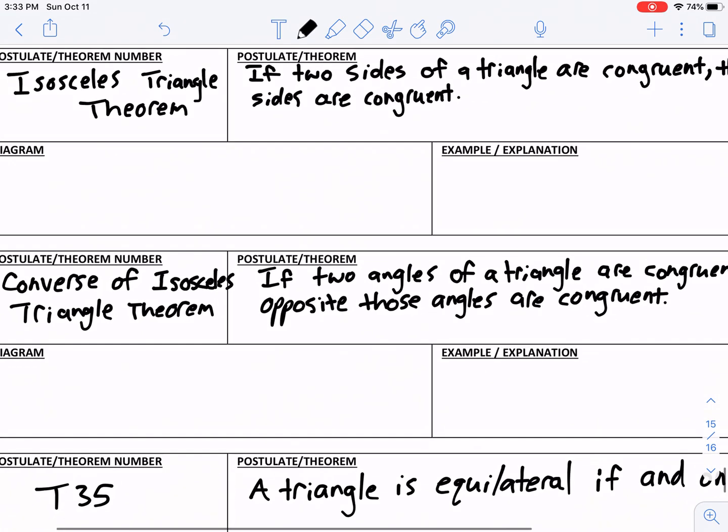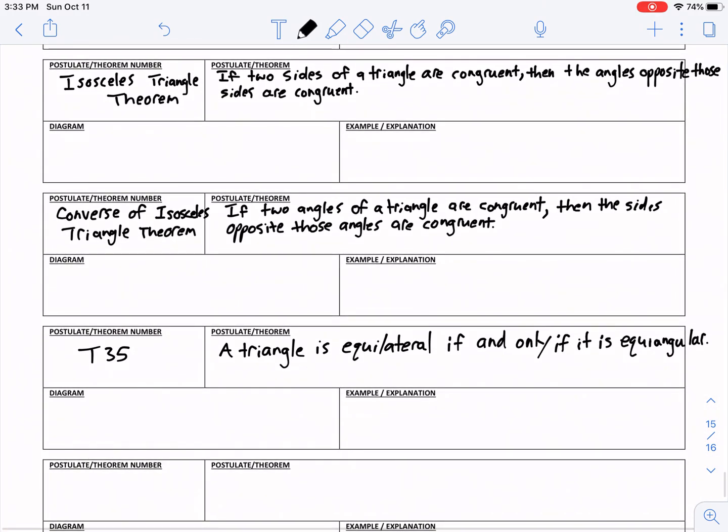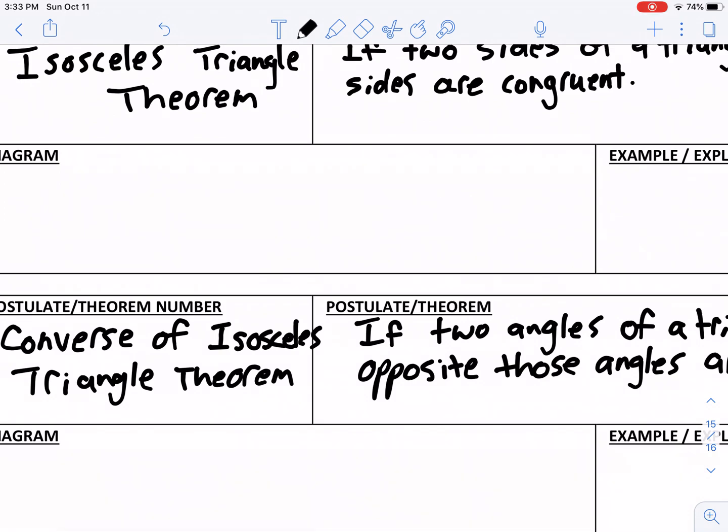Then the next thing I want to look at is the isosceles triangle theorem. If two sides of a triangle are congruent, then the angles opposite those sides are congruent, okay? So we know an isosceles triangle has two equal sides, right? Two sides that have the same measure. So if I have an isosceles triangle here, let's say this is A, B, and C. An isosceles triangle has two sides with the same length, right?